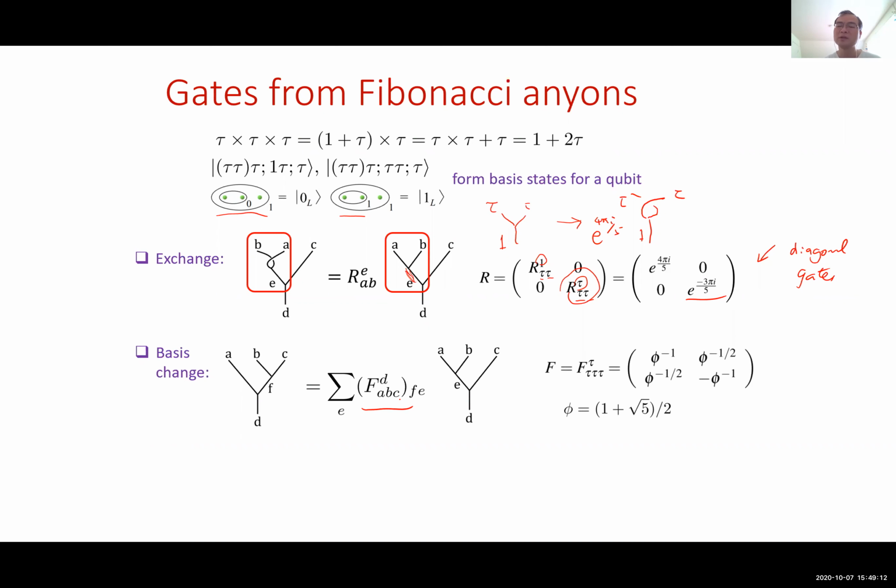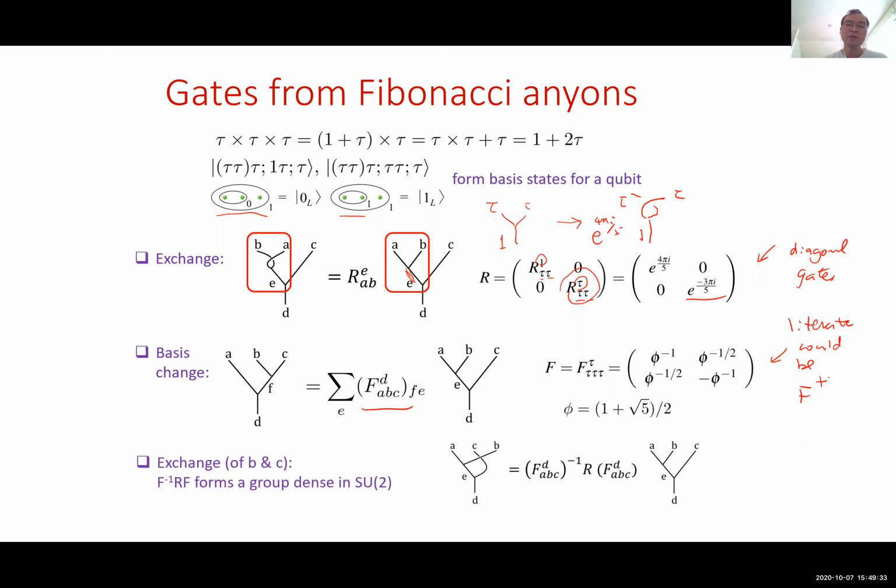It's useful to know what the transformation is that relates the basis change. This is solved in the literature, but you may see the form could be slightly different. The literature may use F dagger for that. The useful thing is when we have 3 anyons and we already fixed the convention to be A fused to B, A fused to E, and C and E fused to D, the direct braiding of B and C is not diagonal.